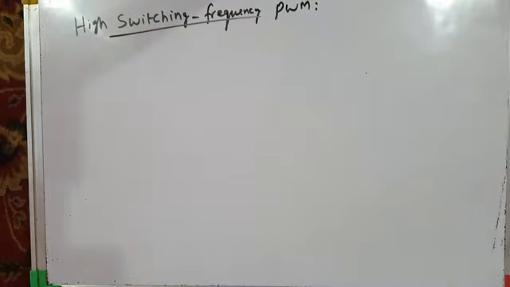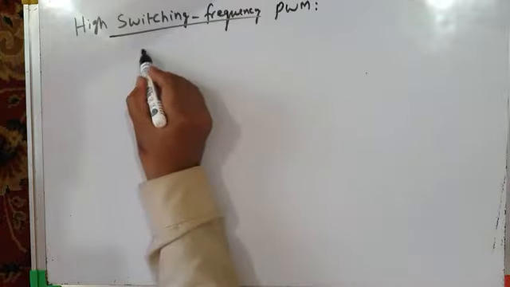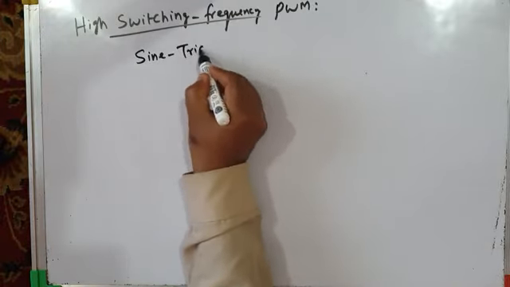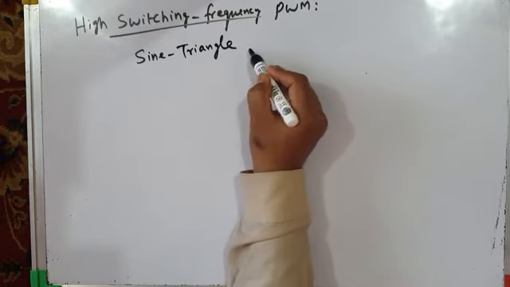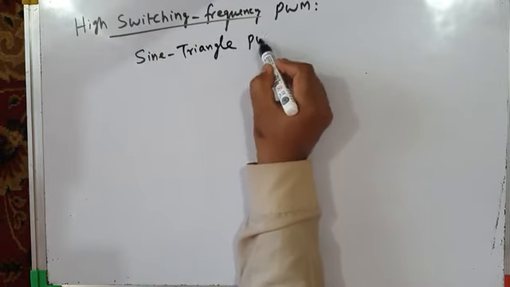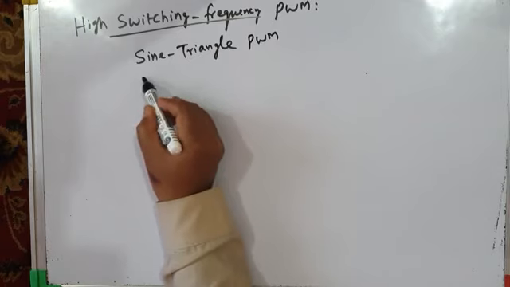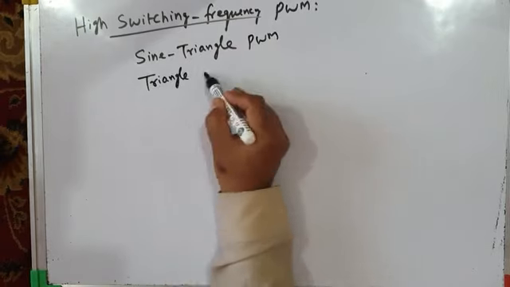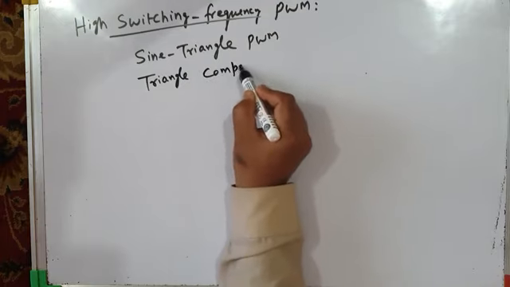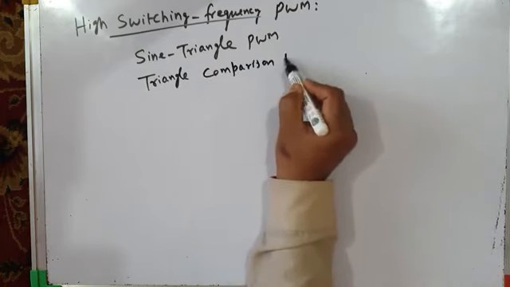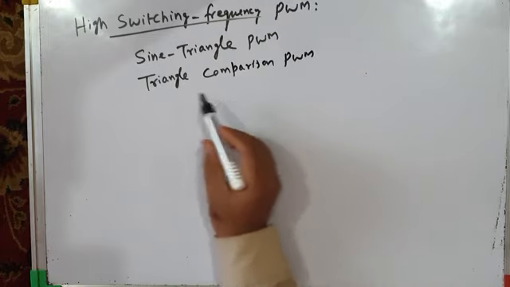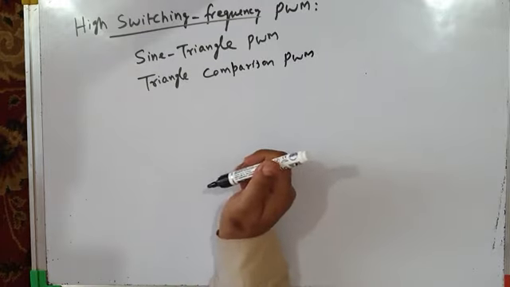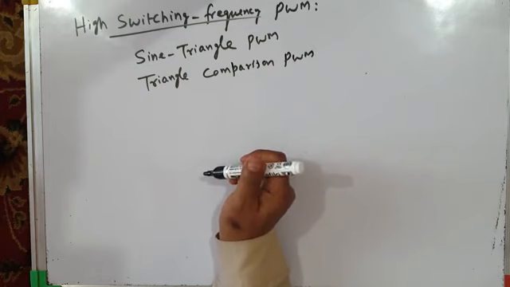When I say high switching frequency PWM techniques, it means sine triangle modulation. Let us take three-phase voltage source inverters, sine triangle PWM. It means triangle comparison PWM, where the modulating wave is not a sinusoidal wave, but a non-sinusoidal wave, depending upon the injection of common mode signal.